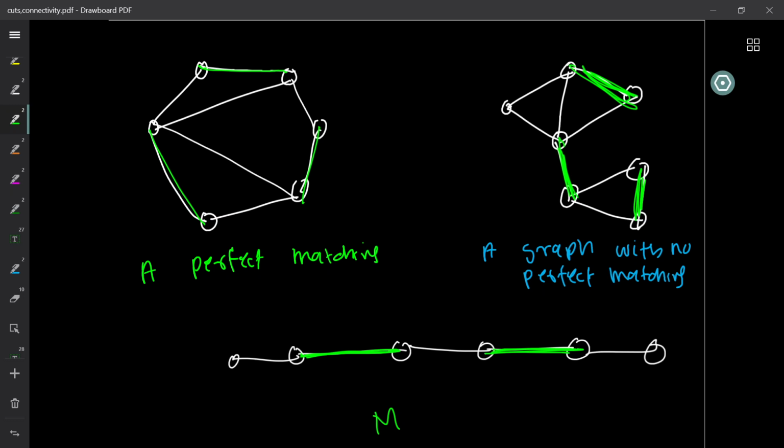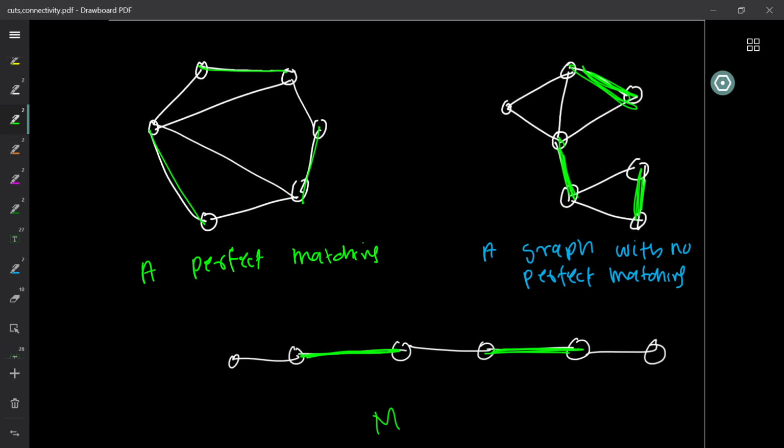So a matching is maximal if you cannot add any more edges outside the matching to this M so that you get another matching. If you cannot keep the matching property by adding any edge outside the matching, then it's a maximal matching. So in this example, M is a maximal matching. But the maximum matching is a matching of the largest cardinality.